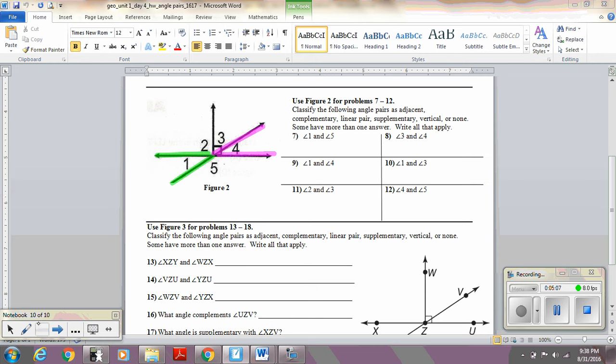Angle 1 and angle 4 are sharing a vertex only, and they're kissing angles, so they're a vertical pair. Not only are they touching and sharing that vertex, they're also formed by two straight lines. Here's a straight line, and there's a straight line.